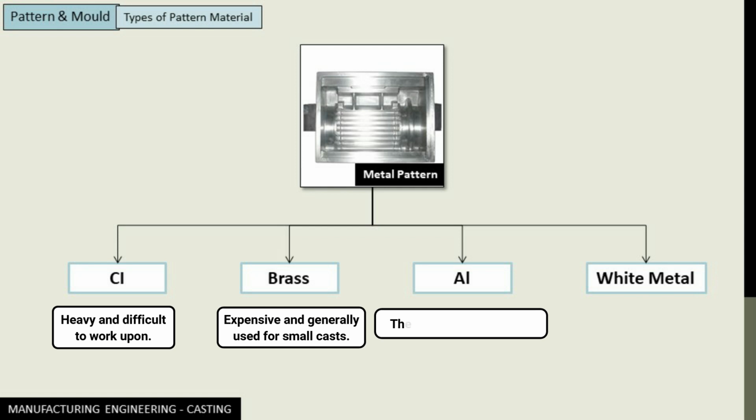Then we have aluminium. It is the best pattern material to date. It can be cast easily, has a low melting point, is light in weight, and can be built up by soldering. However, it is subject to wear and tear by the abrasive action of sand.